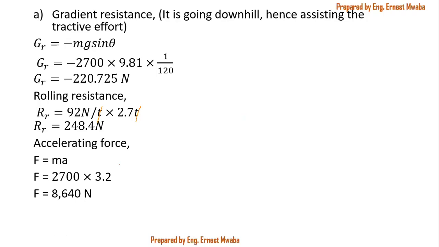In addition to these resistances, this is what the tractive effort should also overcome. Suppose you just manage to overcome these, it means your vehicle is able to move at a constant velocity, but it may not accelerate until you put this extra force for it to accelerate at the rate that we were given, the 3.2 meters per second.